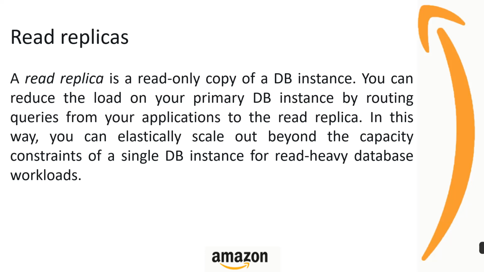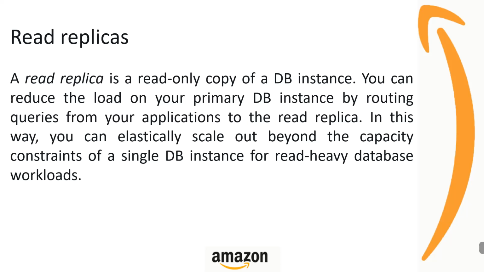So the second most important thing is read replicas, right? It's a very important thing. Most interviewers will ask this question: what is a read replica in RDS? A read replica is a read only copy of a DB instance, right?